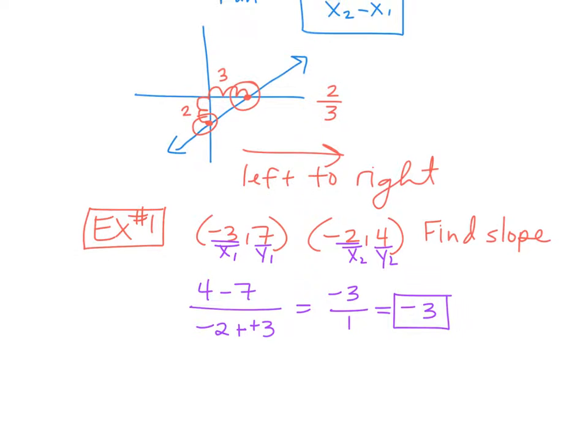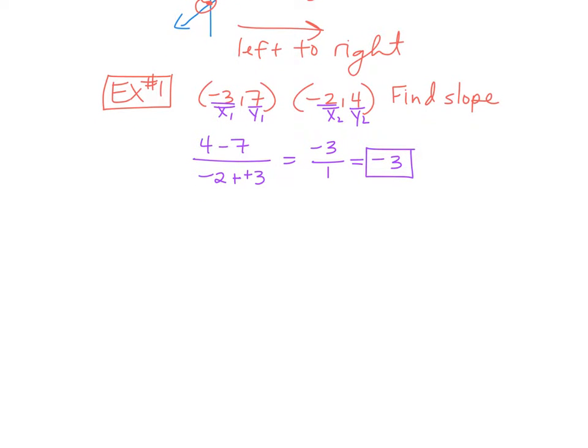What if I have these numbers? If we're going to plug that into the slope formula, and this is my x1, y1, and my x2, y2, what's on top? 1 minus 1.